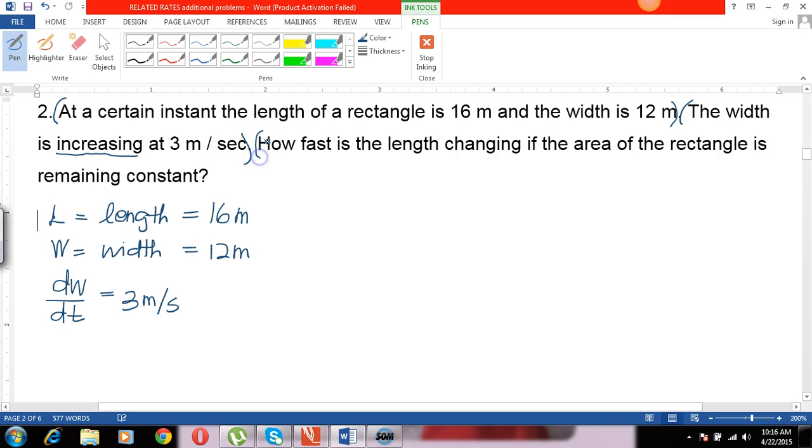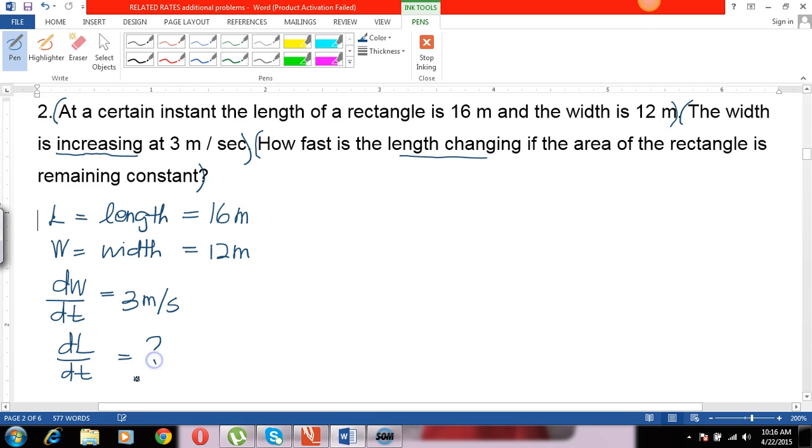And the last sentence: how fast is the length changing if the area of the rectangle is remaining constant? They ask you to find the length changing, meaning that you have to find dL over dt.